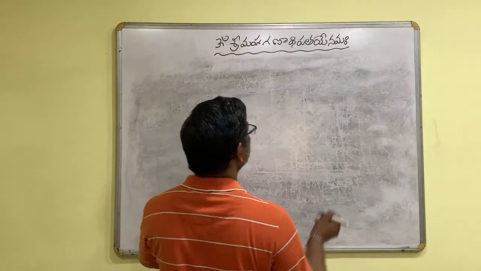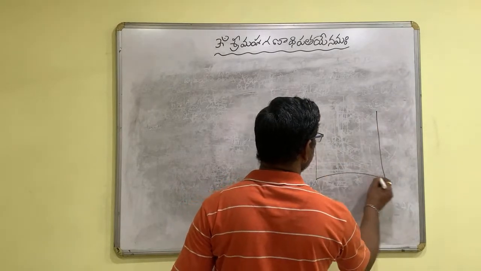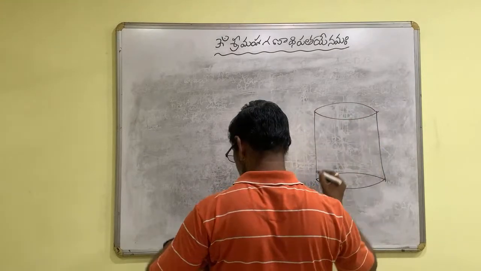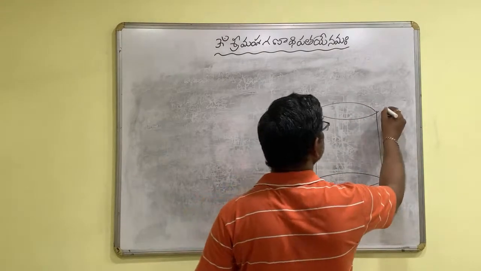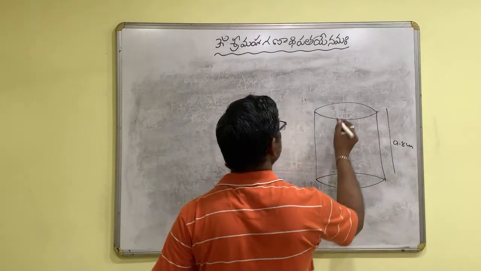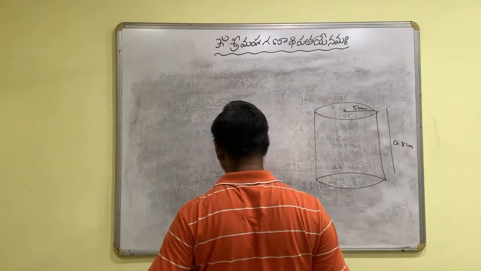So what happened? There is a cylindrical vessel whose height is 9.8 centimeters and radius is 5 centimeters.